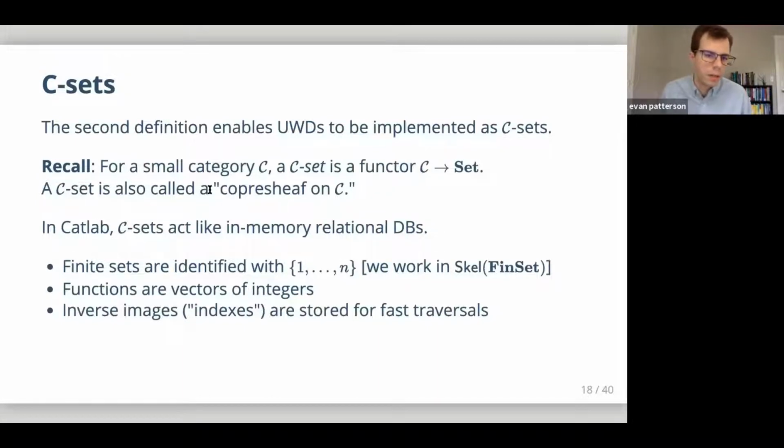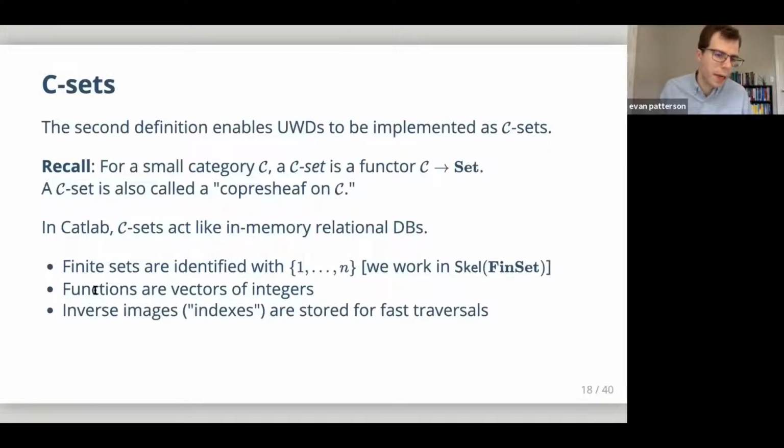Sometimes it's called a co-presheaf, but I like to say C-set because it's a little shorter. In CatLab, C-sets essentially serve as in-memory relational databases, so there's a generic data structure for them. In this scheme, finite sets are identified with just numbers in sequence, so in effect we're working with the skeleton of the category of finite sets.